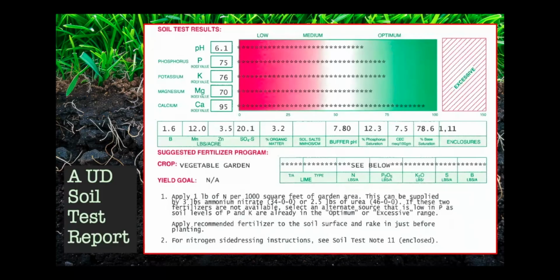Mine in my garden says excessive for some things, and a lot of people in Delaware will have excessive phosphorus. It's the soil, and it has to do with a lot of stuff being farmed for many years, and the phosphorus builds up. More gets put in than gets used by plants. We'll talk about that when we start talking about fertilizers.